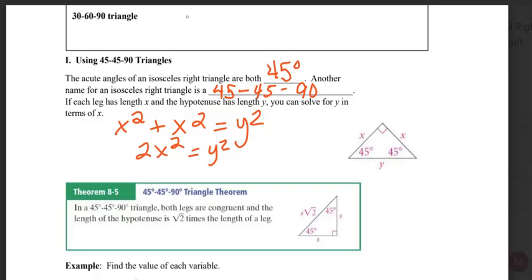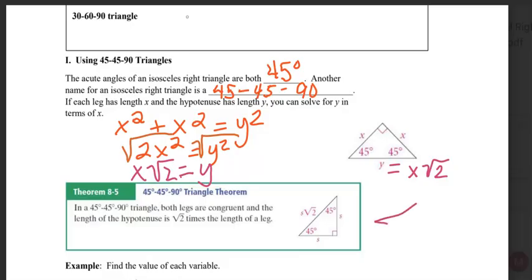Then we take the square root of both sides, and you get y equals, so the square root of x squared is just x, but the square root of 2 stays underneath the house. So that means that the hypotenuse is equal to x times square root of 2.